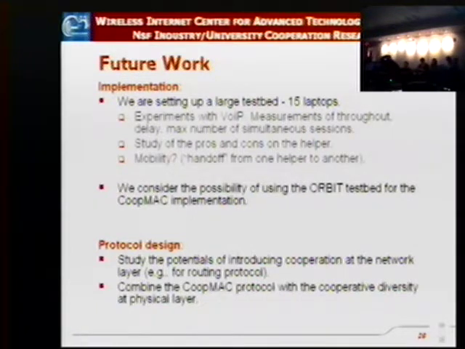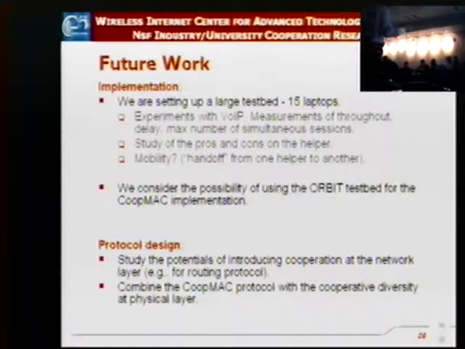What we are currently trying to do is to set up a testbed of 15 machines and play with this testbed and do some experiments for voice over IP, see how the helper is affected by helping, see how mobility or the change of the helpers affects the whole thing. As I said, we are trying to see how we could use Orbit for our implementation, and I think we'll do it.